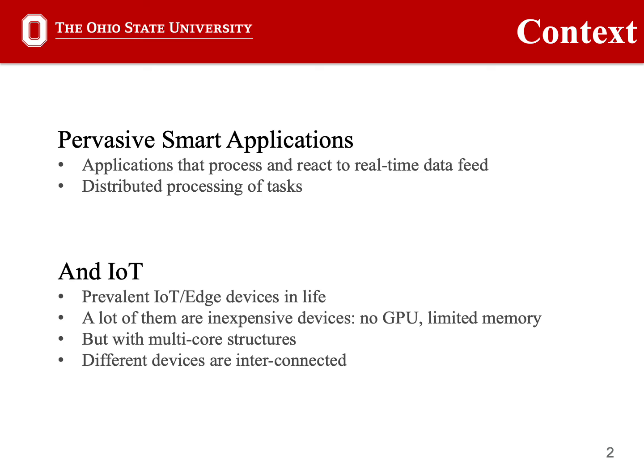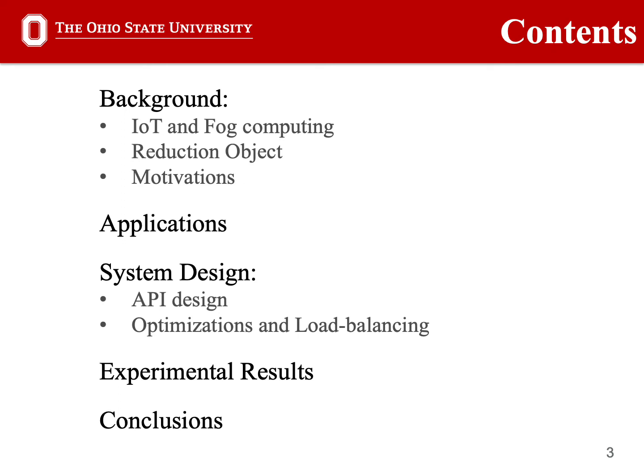such applications. As the context of our work, we first give some general ideas on the IoT environment we are targeting. We also introduce our previous work on reduction object, which inspired our optimizations. To better understand the features of our design, we talk about 3 applications we support and experiment with during the research.